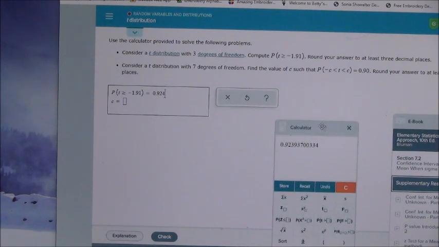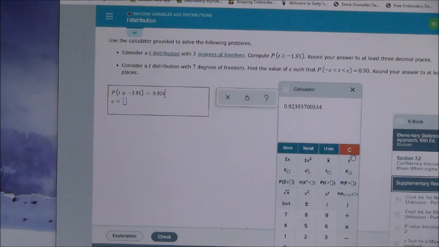If I'm finding the one between this, so this is 90%, I would say, okay, if I take 100% minus 90%, I'd have 10%, but I'm doing each tail, so I've got to divide that by 2 and do 5%. So on here, since I just want the positive one, I'm going to do t of 5%.